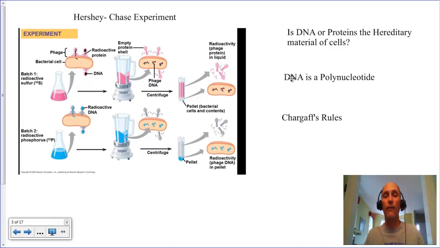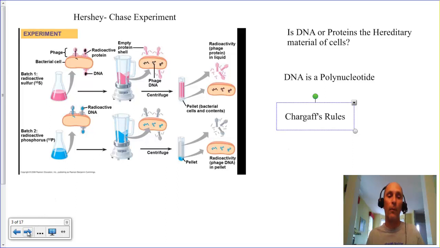Some other stuff that they found out was that DNA was a polynucleotide, and poly, of course, means many. Nucleotides are the basic structures of nucleic acids. We'll show those in just a second. So DNA is a long string of nucleotides. And then finally, a guy named Erwin Chargaff came up with these rules. He said, this is kind of weird, but the percentage of A's and T's always equal each other, and the C's and G's also equal each other.